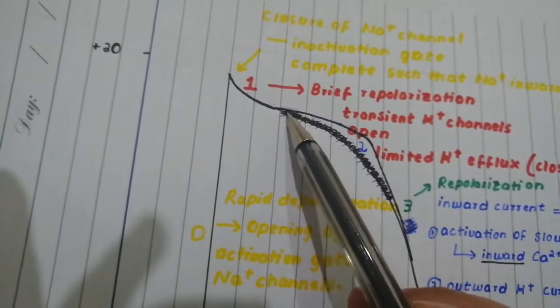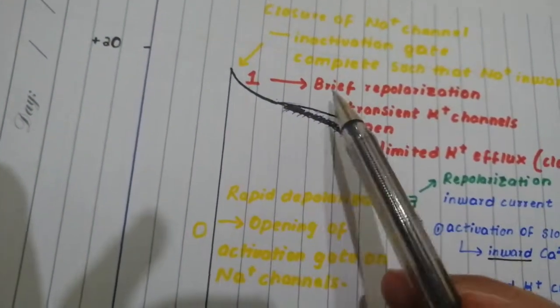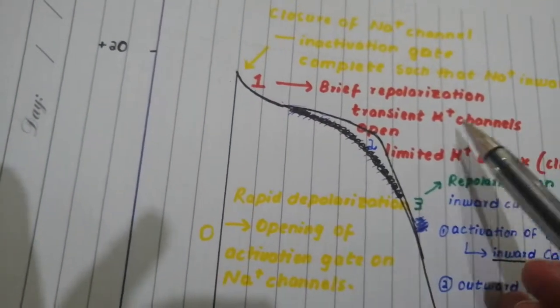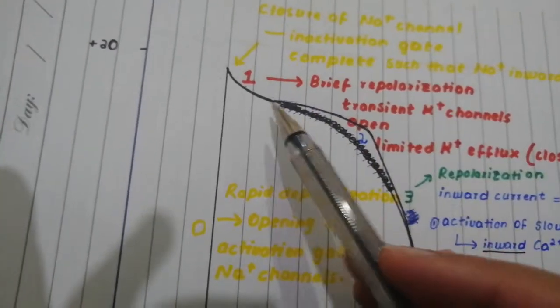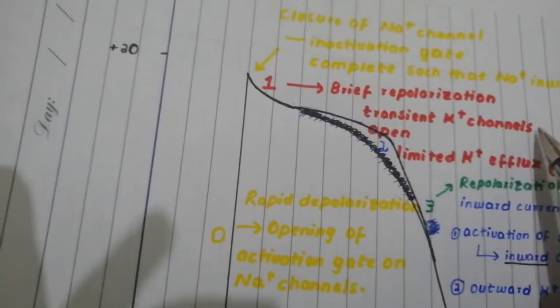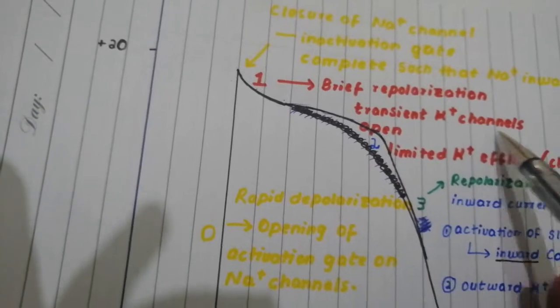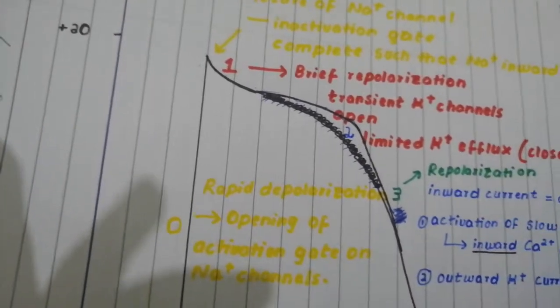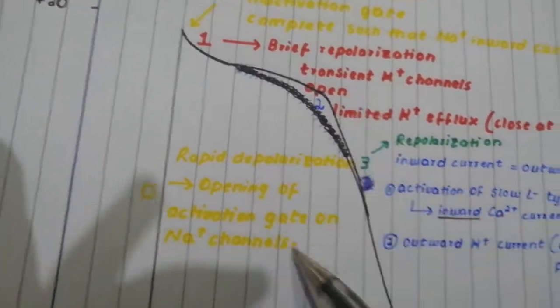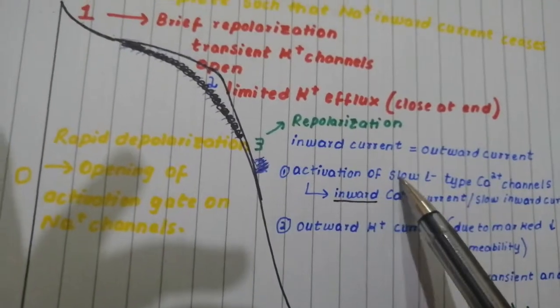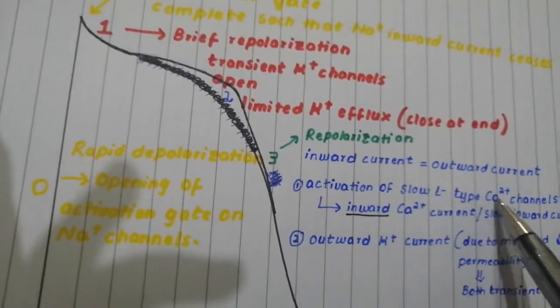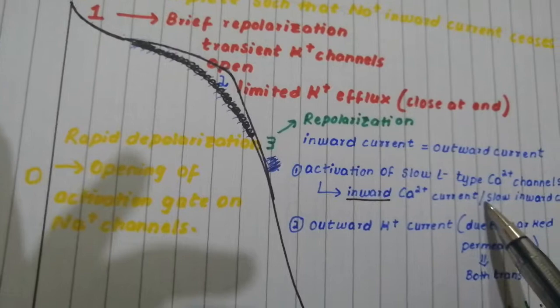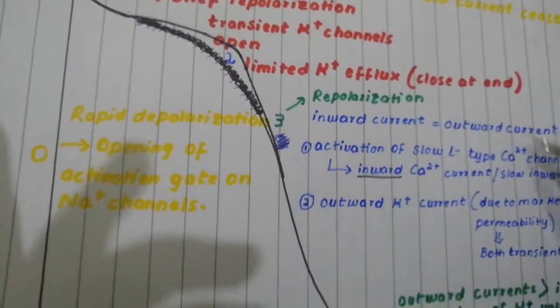Something else happens. Calcium inward current begins to counteract the K+ outward current. And because the K+ outward current is quite slight, the calcium inward current needs to be slight as well. And so the type of channels that open are known as slow L-type calcium channels, or slow inward current, right?